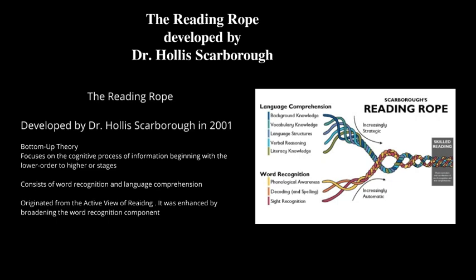It originated from the active view of reading and was further refined by expanding its focus on word recognition. It focuses on the cognitive progression from lower order to higher order stages of information processing. The reading rope theory revolves around two main components: word recognition and language comprehension.